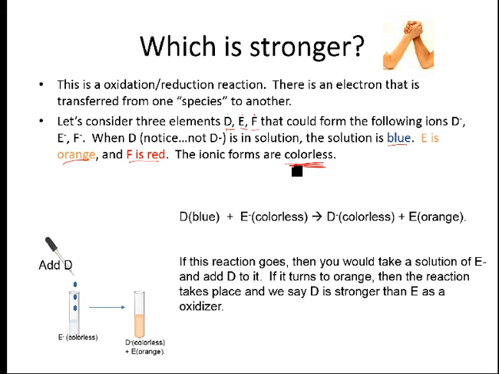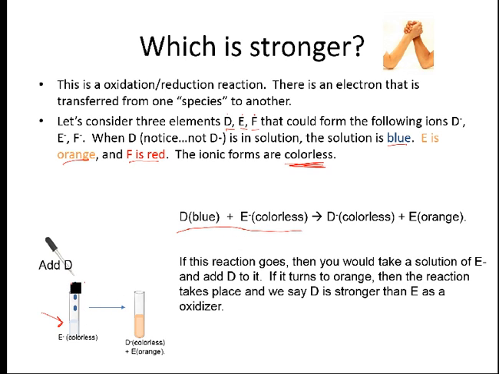They will not change the solution. So for example, if you have a solution of E minus that's colorless, and here this is supposed to be colorless, I added a little bit of light blue just so you can see that there's something there, so it looks like water. But if we drip in now some D, then we can consider that this is the reaction that's going on: D plus E minus.